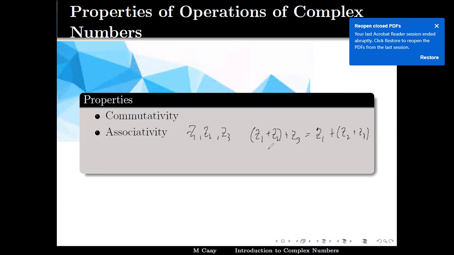This will also hold for multiplication. So z1 times z2, times z3, is just the same as z1 times z2 times z3 with the other grouping. You can verify it on your own as well. But again, if you have questions, you can comment down there so that I can reply to you with some solutions if I may.